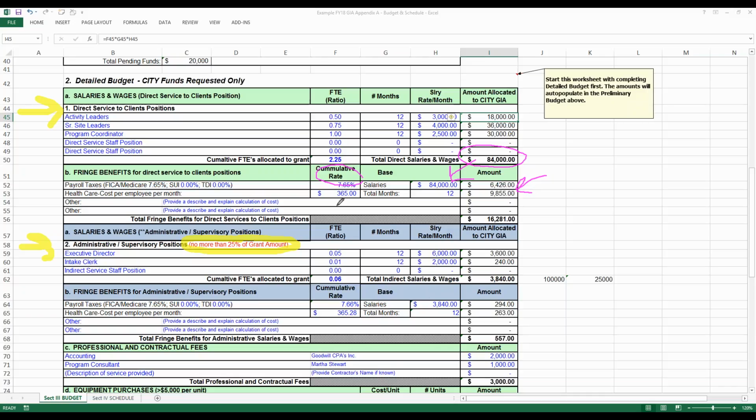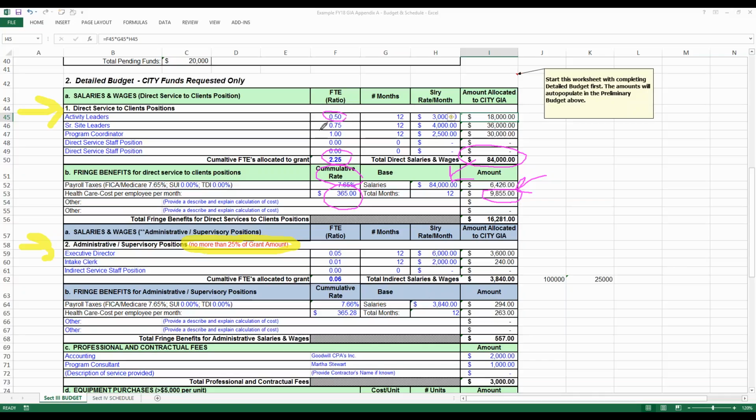For the healthcare, here is the average rate for health insurance that the organization pays, again 12 months, and the formula here in the cell will take into account how many months, what's the insurance rate, and also this FTE ratio, because if this position is funded 50%, the salaries are paid 50%, then the health insurance will be paid at the 50% rate as well.